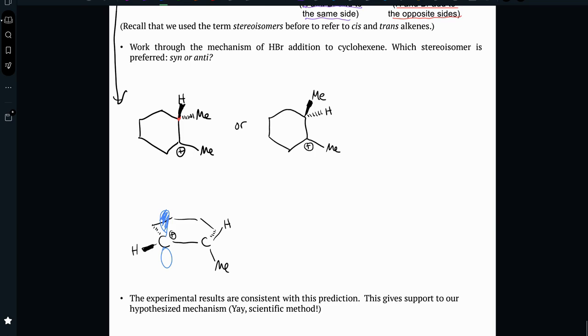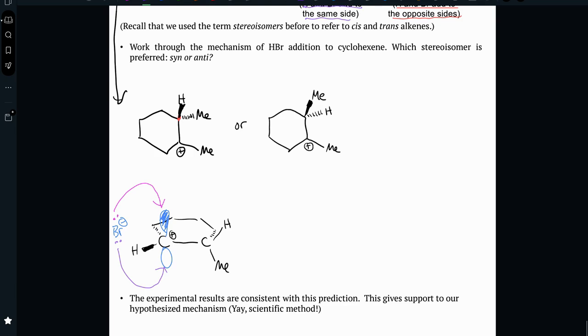And the thing about a planar carbocation is both sides of that carbocation are essentially equally open to attack. My nucleophile, my Br minus in this case, could attack the top face, or it could attack the bottom face.